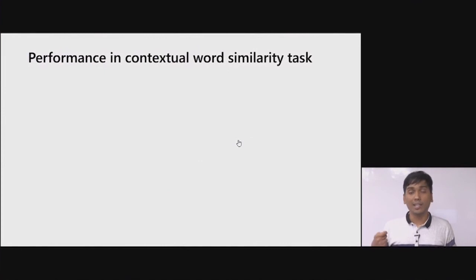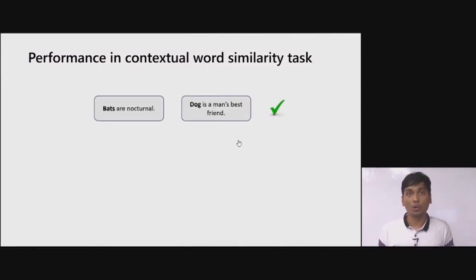The other task is the SCWS task, where we have to compare two words in their respective contexts. For example, in this context, the words bat and dog both mean an animal, but here the words bat and dog mean different things. Bat means a sporting sense and dog means an animal.